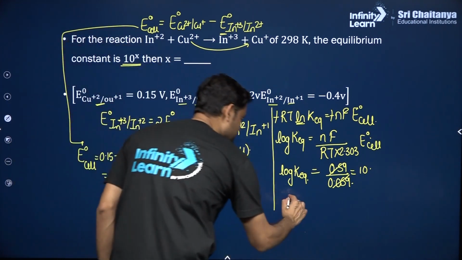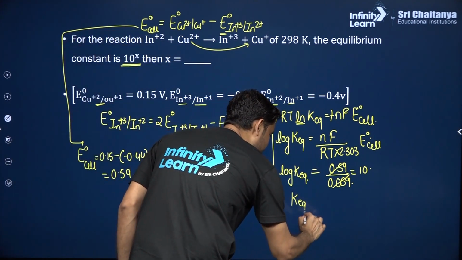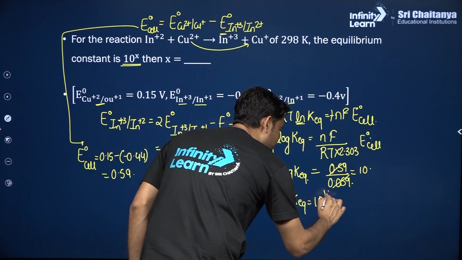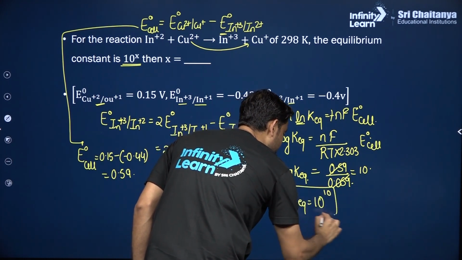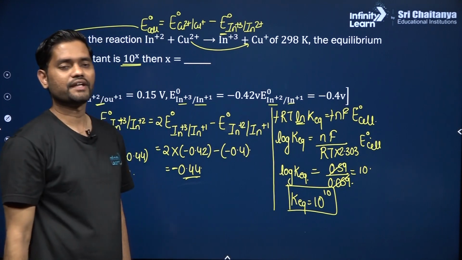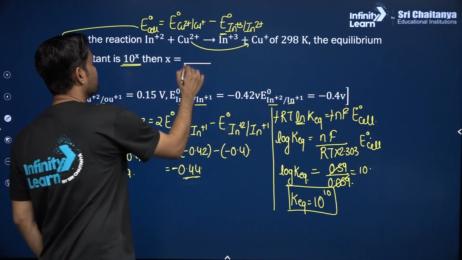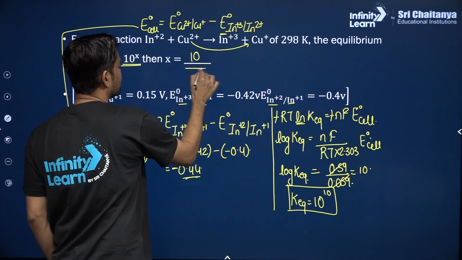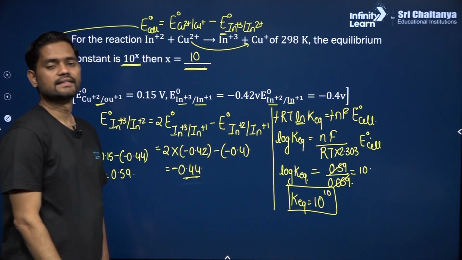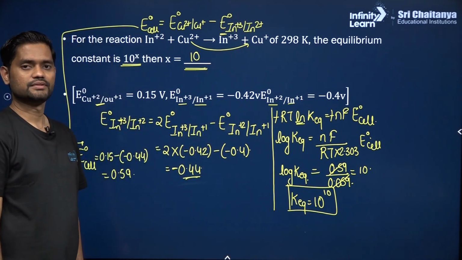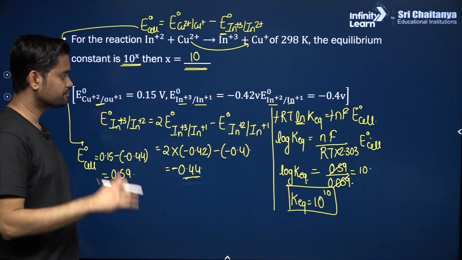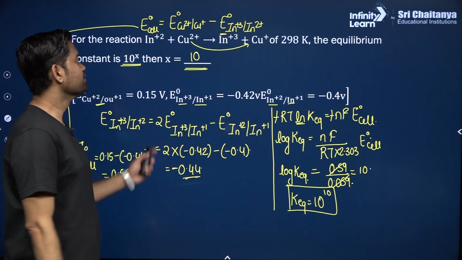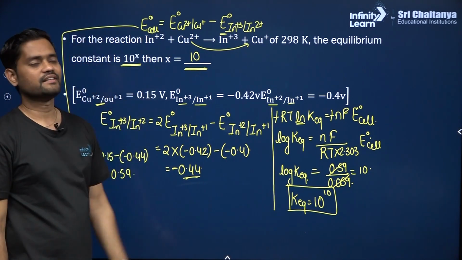And if you solve this question, you will get log K equilibrium as 10. By taking anti-log, you will get K equilibrium as 10 raised to 10, and hence the answer over here is 10. Clear, sure, got it, perfect. So that's the answer for this particular question, that is 10.